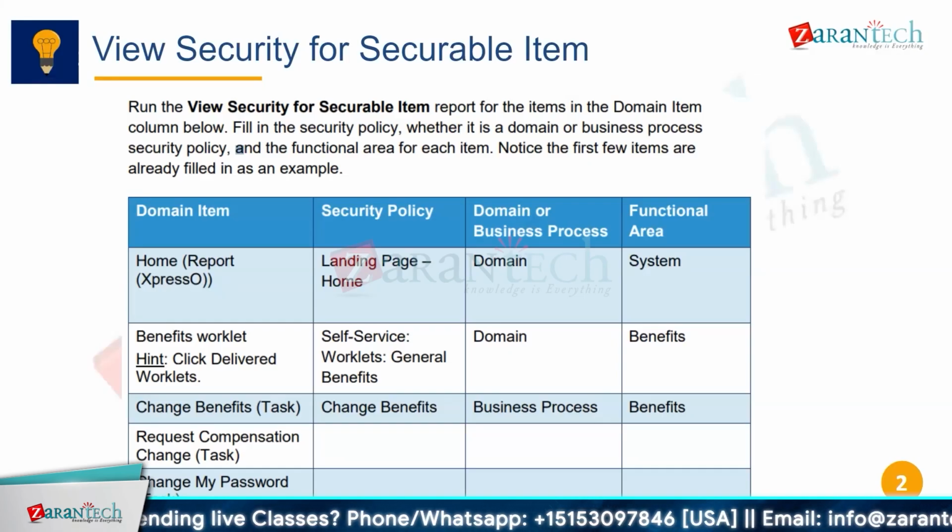Run the view security for securable item report for the items and domains in the item column below. Fill in the security policy, whether it's a domain or a business process security policy, and then the functionality for each item. Notice the first few items are already filled in as an example. So we can run this as an assignment, with the domain items, security policy, domain or business process area, and functional areas.